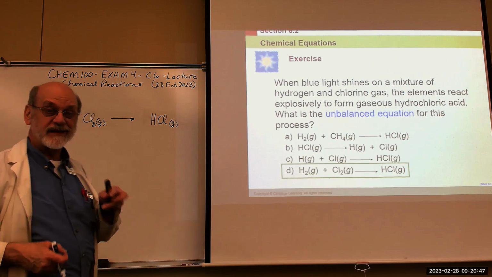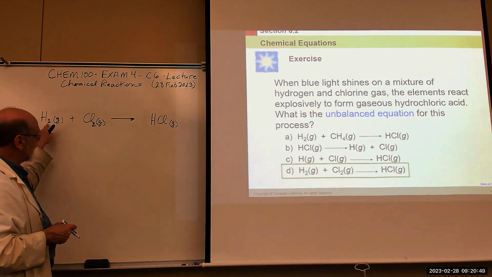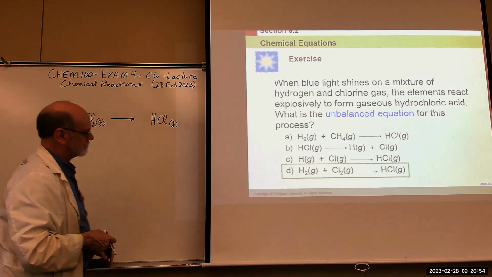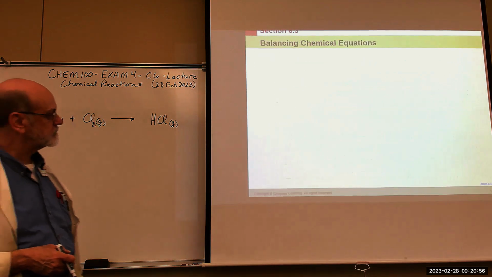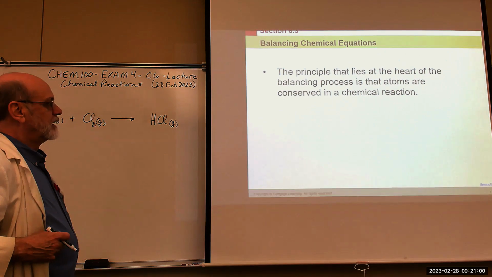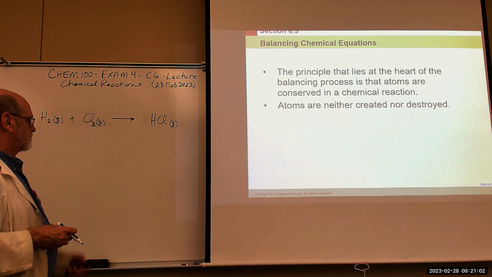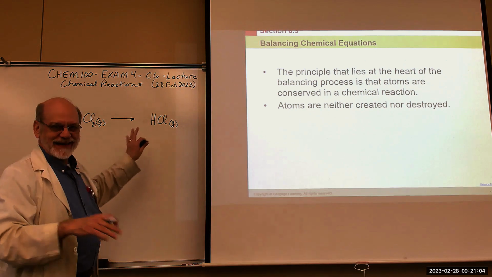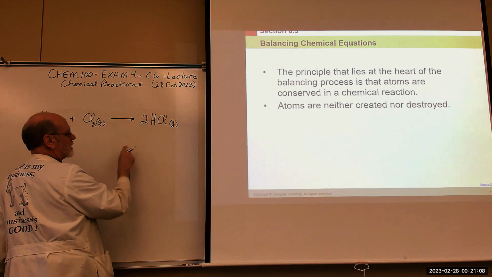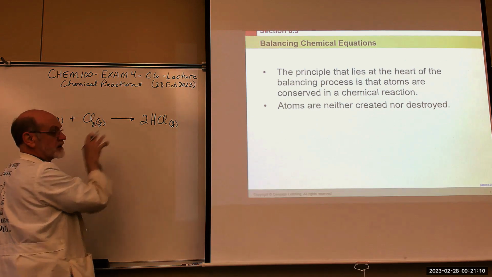You can tell it's not balanced because there are two hydrogens here, one there, two chlorines there, and one there. Okay, so this one is fairly easy to balance. All you need is a coefficient right there. And you've got two hydrogens, two chlorines, and we're good.